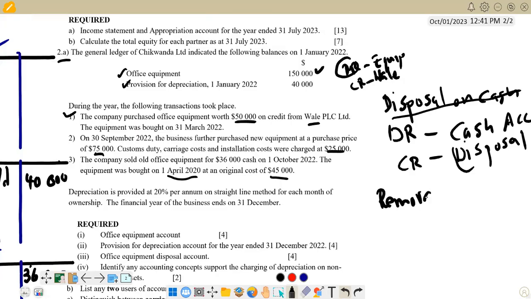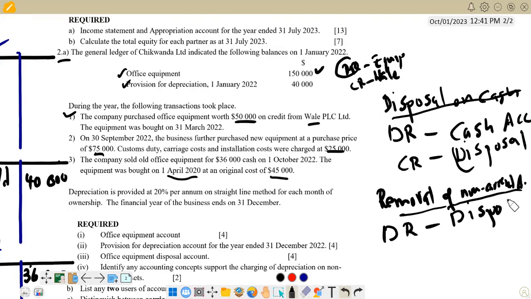Removal of non-current assets: we debit disposal. It will be on the debit side of the disposal account. Then we credit the equipment account to remove it.